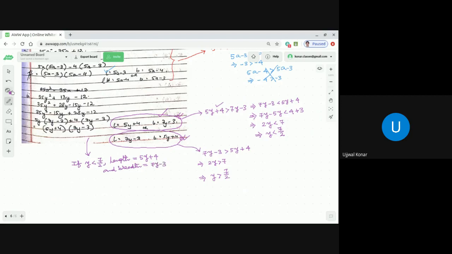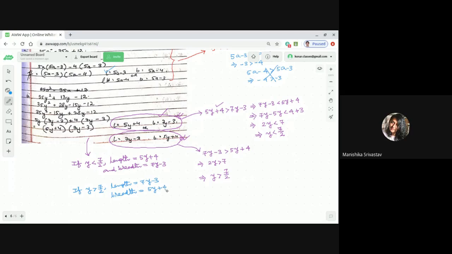And if, let me use a different color so that you can have it amply clear, and if y is greater than 7 by 2, it is exactly opposite. Length should be equal to 7y minus 3 and breadth should be equal to 5y plus 4.